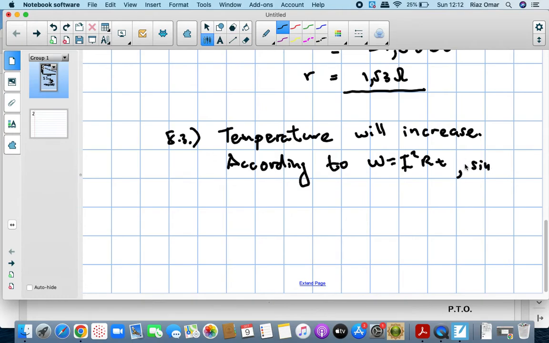Since the R decreases, as the resistance decreases, the current will increase.